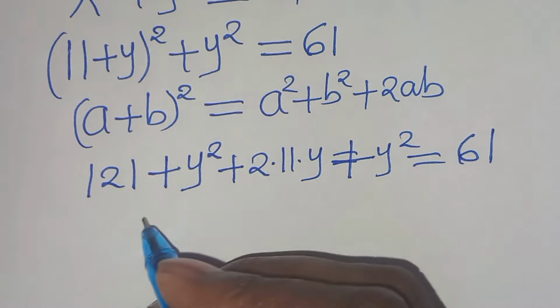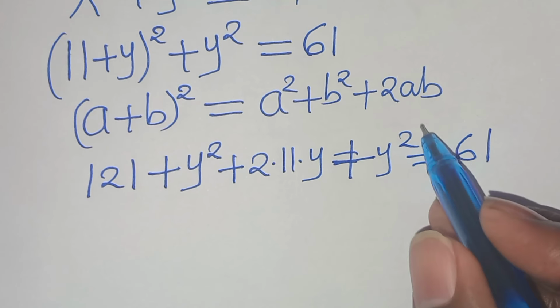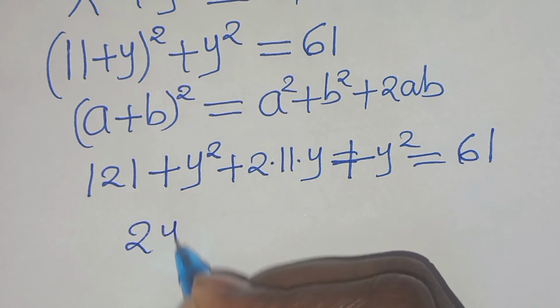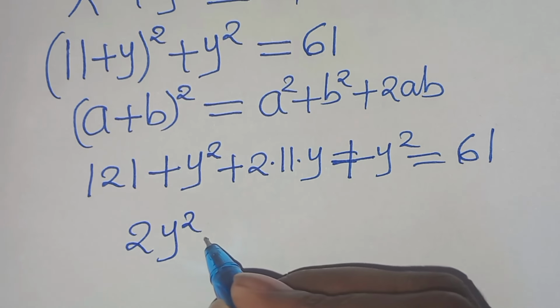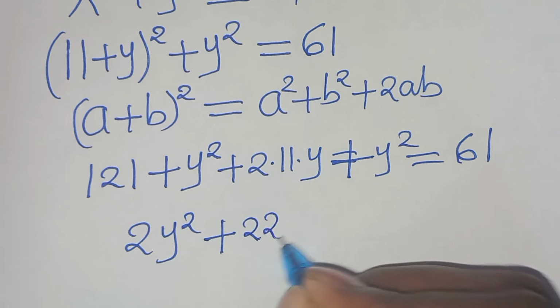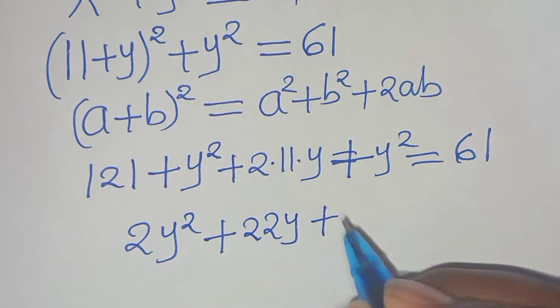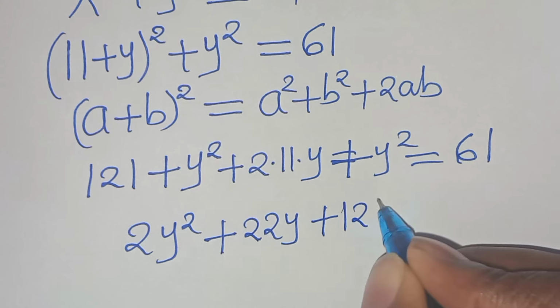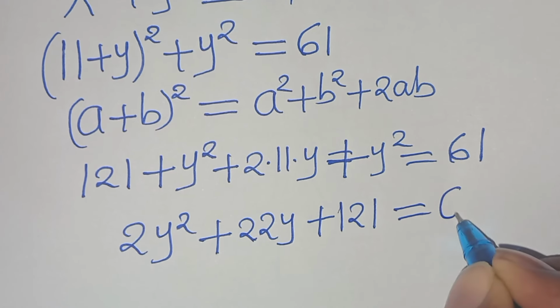The next step is that we have y squared plus y squared, which is 2y squared, plus 2 times 11, which is 22y, plus 121, equal to 61.